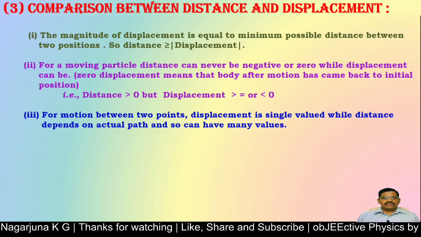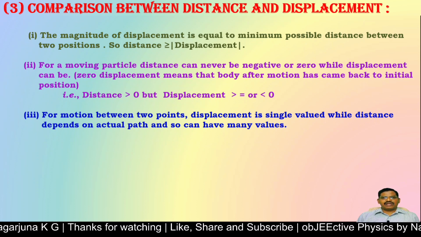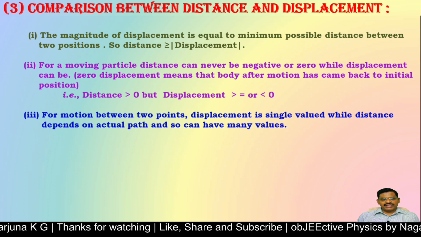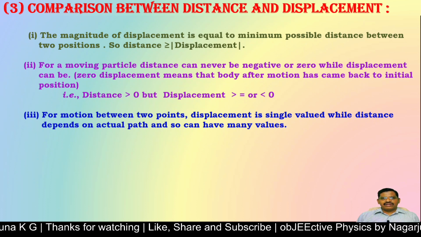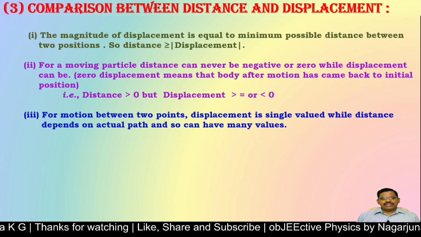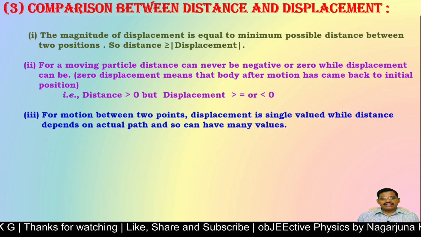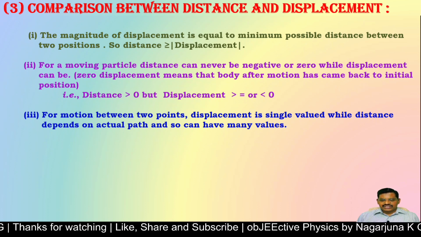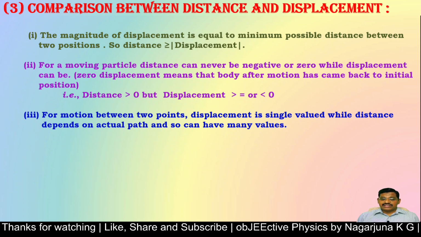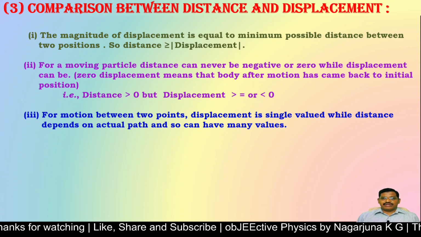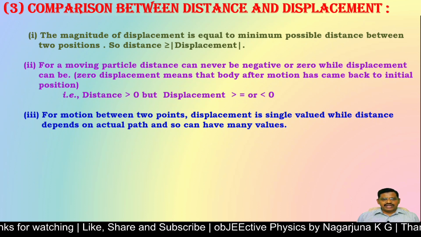For all the paths followed by a particle between the points A and B, displacement is shortest distance. It has a single value. But distances are different. Distance depends on the path followed by the particle. That is the meaning of third point.